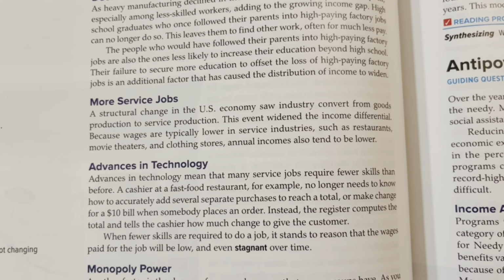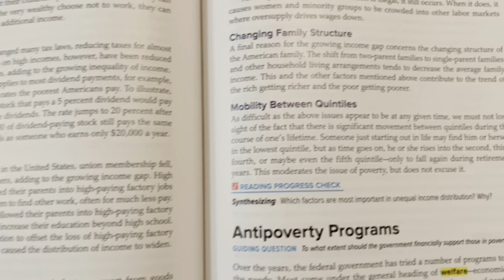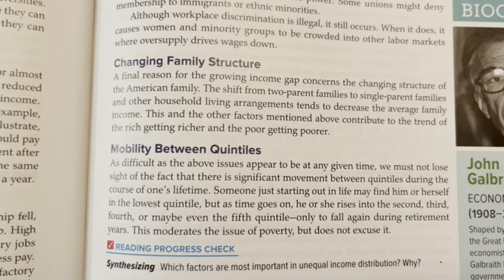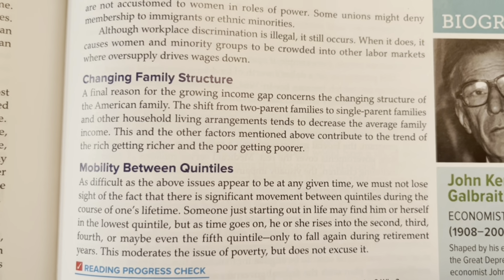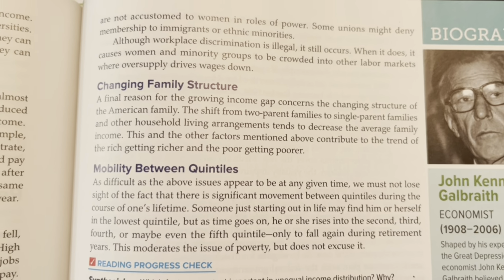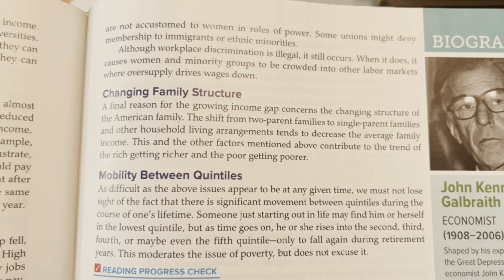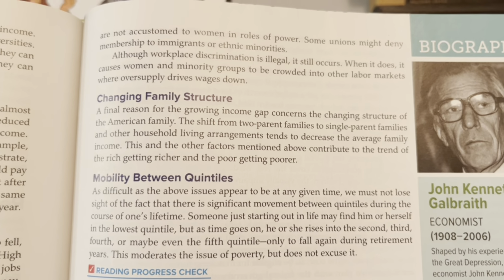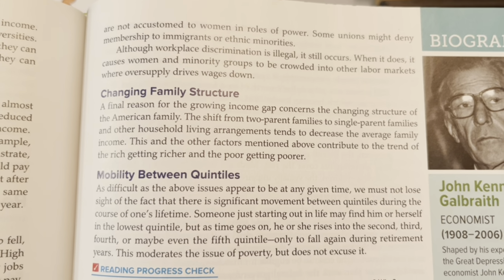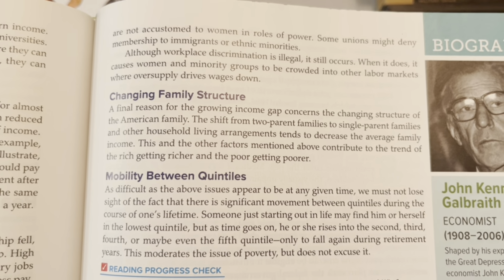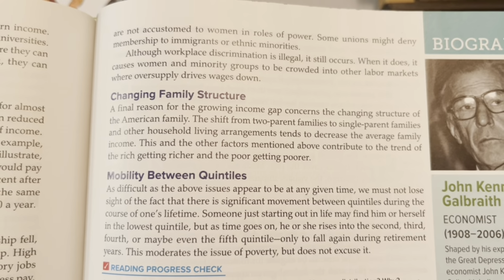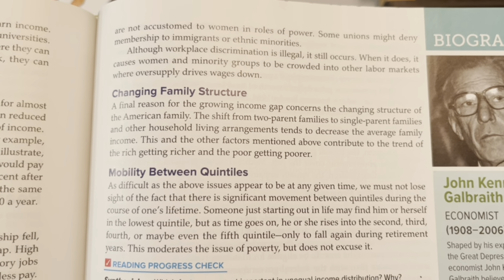So the book goes through and talks about some more of those. Some of them aren't necessarily bad or good. There are value judgments, such as changing family structure. Obviously, in the traditional American stereotypical family, the father worked and the mother stayed at home, so they had one income.